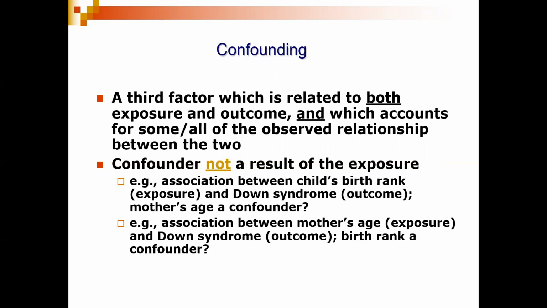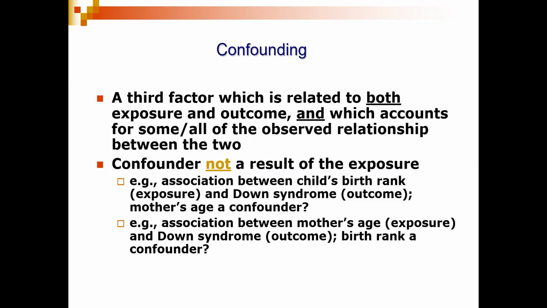That relationship might actually be accounted for by a third factor, which distorts the true association. Therefore, you get a false association, which is accounted for by this third variable, a confounder. Another important point is that a confounder is not a result of the exposure.